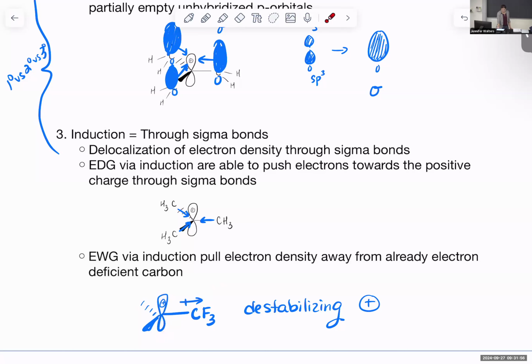That's not going to get you anywhere. But if you have that empty site and you push in, that is going to stabilize you. So your R groups, your alkyl groups are going to donate via induction, which is why tertiary is more stable than secondary, which is more stable than primary. Cool? We all right with this concept?